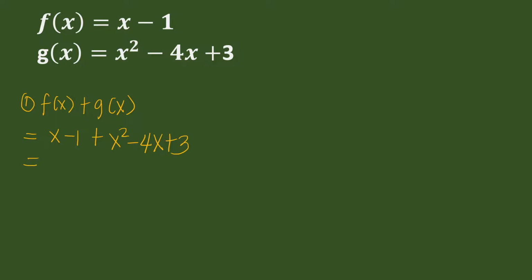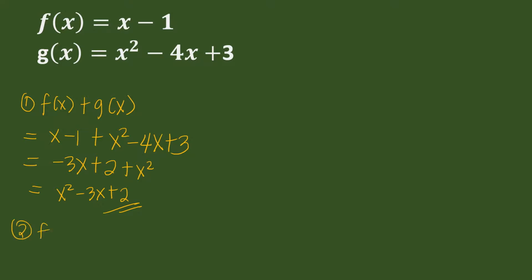Combine similar terms. We will have x and negative 4x, so minus 3x, negative 1 and positive 3, so that is positive 2, and we have here x squared. Arrange this one, so we will have x squared minus 3x plus 2. This would be our sum. We go to number 2.